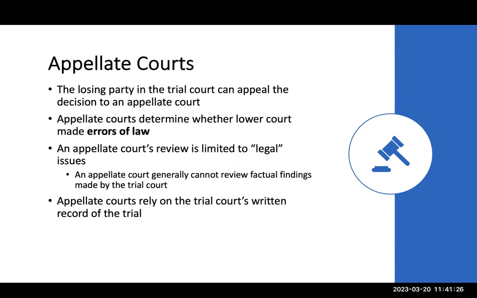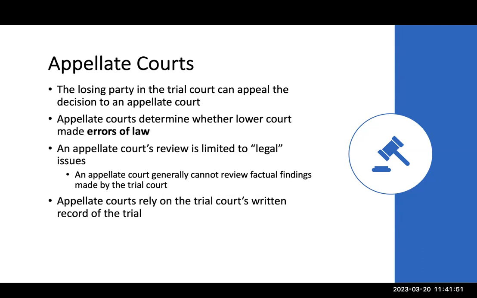Appellate courts, on the other hand, are a higher level of courts where the losing party in the trial court system can appeal the decision to the appellate court. Appellate courts only determine whether or not the lower court made errors of law. I have to emphasize that appellate courts' review is limited to legal issues.